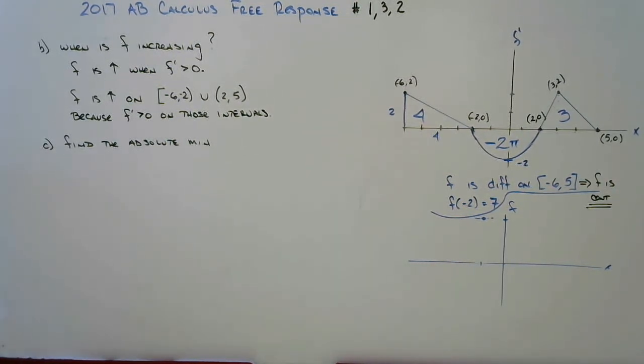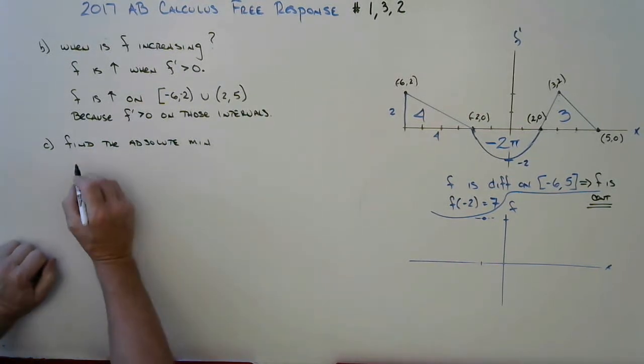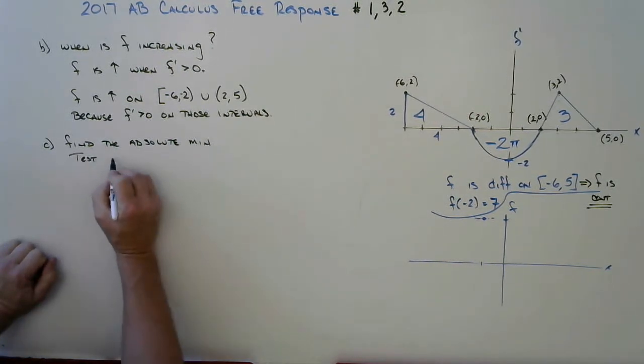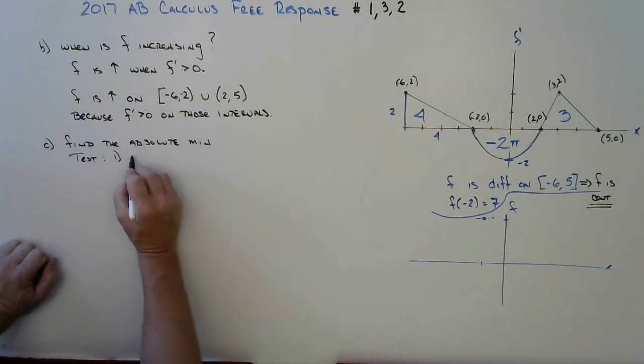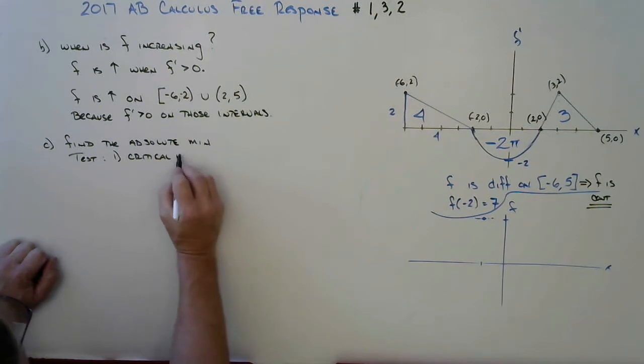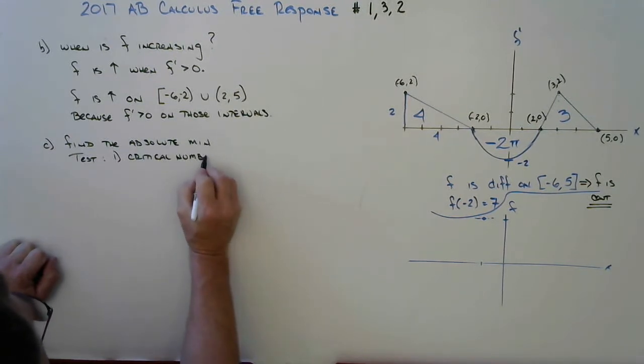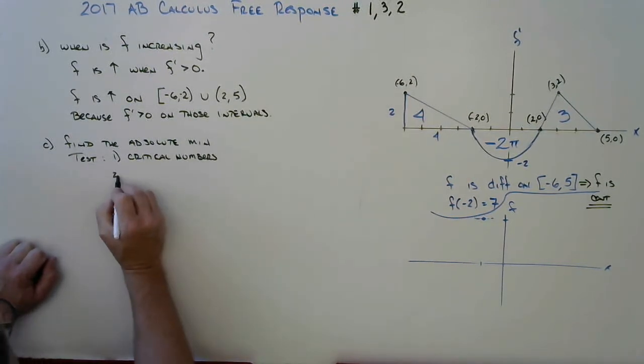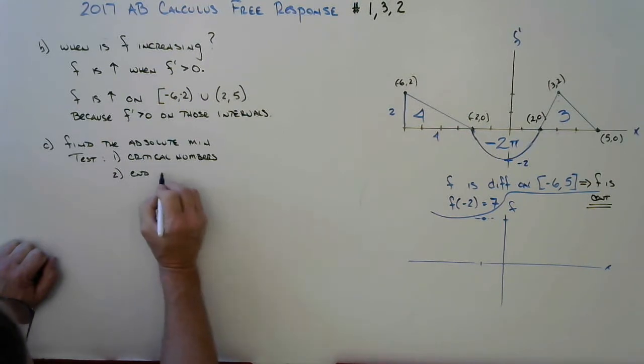So, what are we going to look for here? Well, if you remember the closed interval method, it says we want to test two things: critical values and we want to test endpoints.